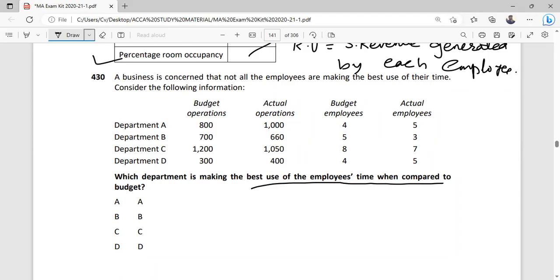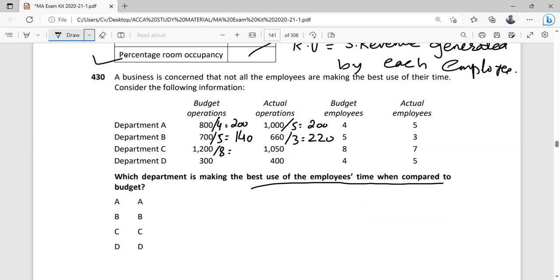For example, for the department A, we have 800 by 4, it's 200. 1000 by 5, 200. So budget and actual is same. 700 divided by 5, it's 140. 660 divided by 3, it's 220. Department B is better than them.